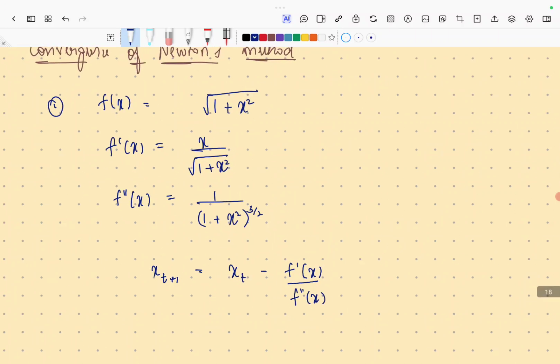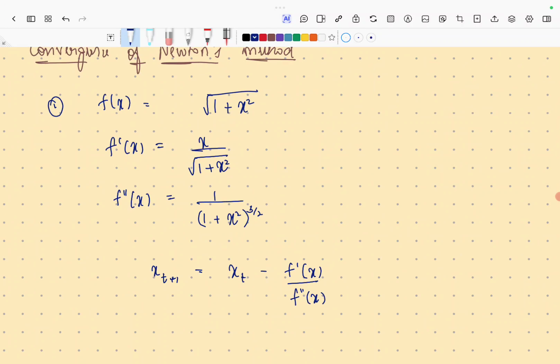So even before I get to that, what can you say about the function f? Is it convex? Is it strictly convex? Why? Exactly.